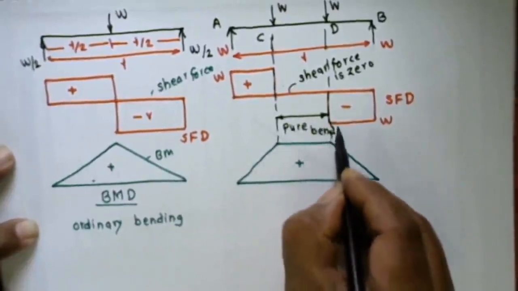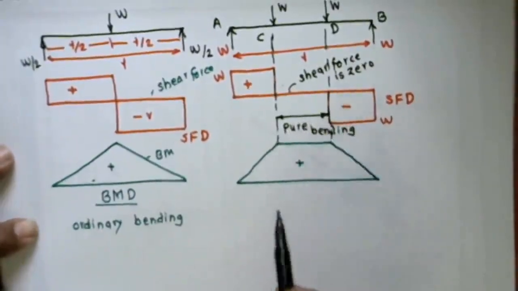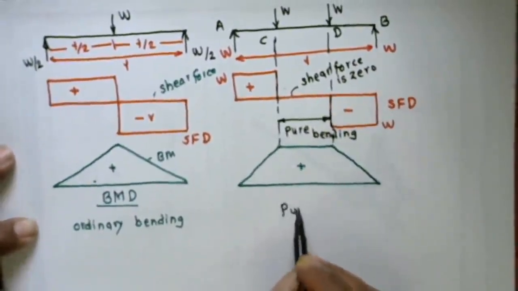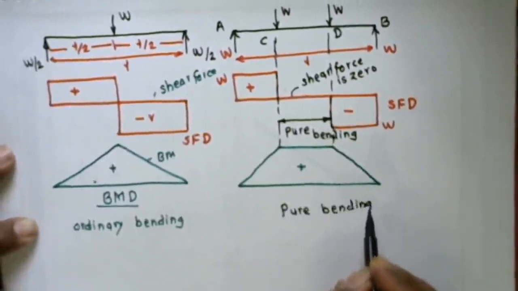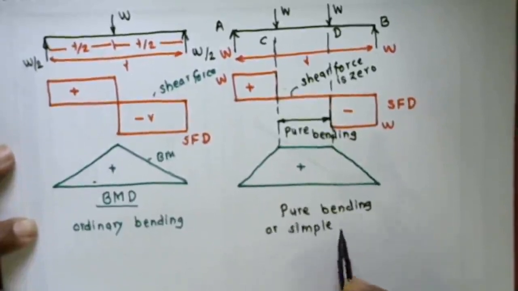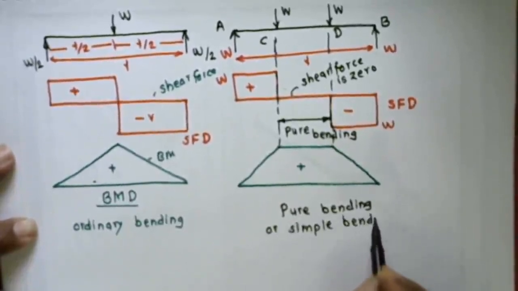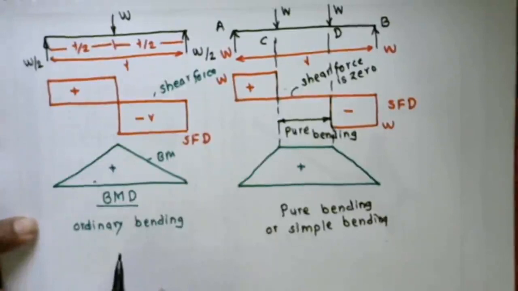Only bending moment will take place. Only bending moment taking place is known as pure bending or simple bending. So this is the difference between pure bending and ordinary bending.